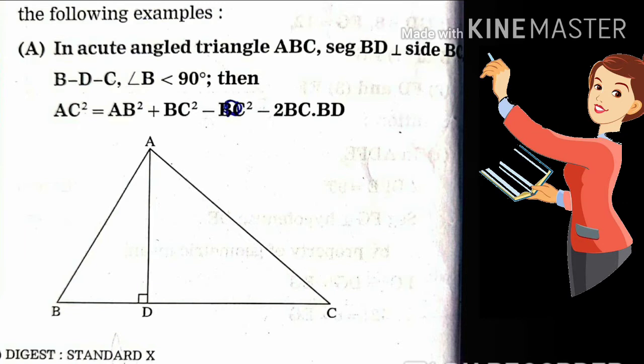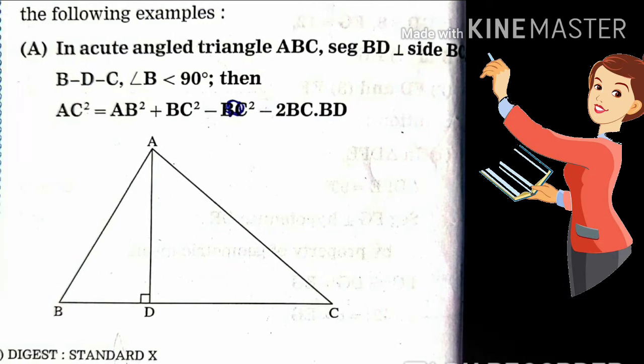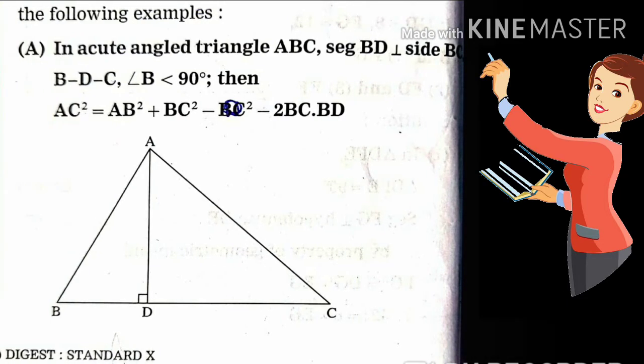In that triangle ABC, AD is perpendicular to BC and angle C is taken as acute angle. Then the side which is opposite to that acute angle, here it is side AB, so AC square is equal to AB square plus BC square minus twice BC into BD. This way we can apply Pythagoras theorem.